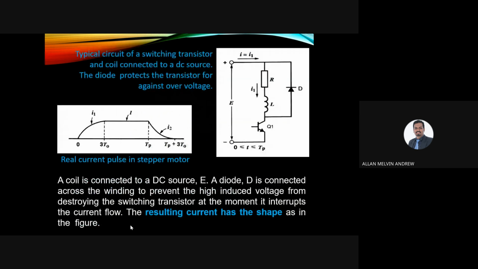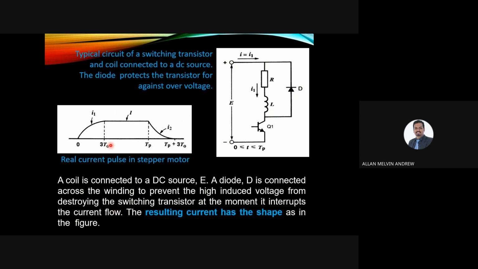So we can see one example here. The coil is connected to a DC source E. A diode D is connected across the winding to prevent the induced voltage from destroying the switching transistor at the moment of interrupting the current flow. So the resulting current has the shape as in the figure.